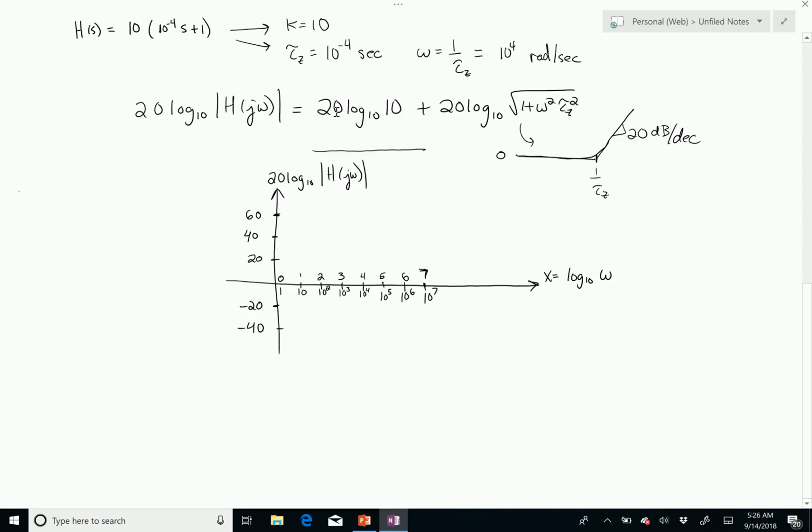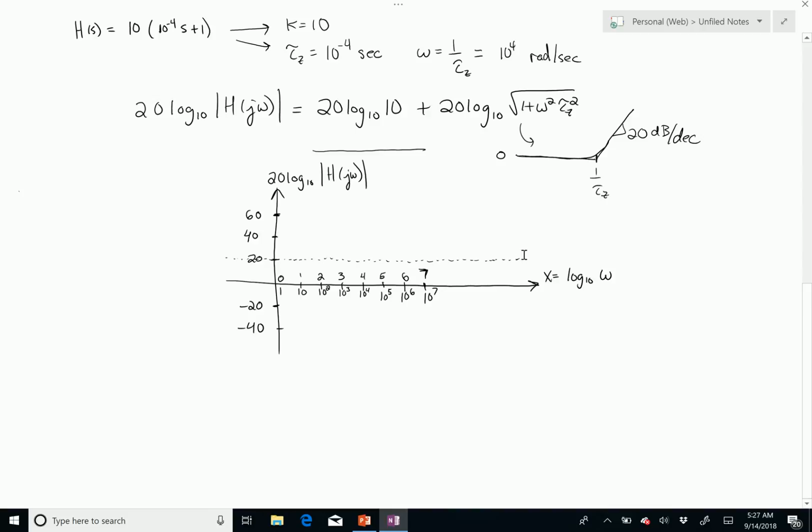Let's start with the constant: 20 log of 10 is 20 times 1, which is 20. So I'm going to draw the individual effect of that as a constant, a dashed line going along like that.